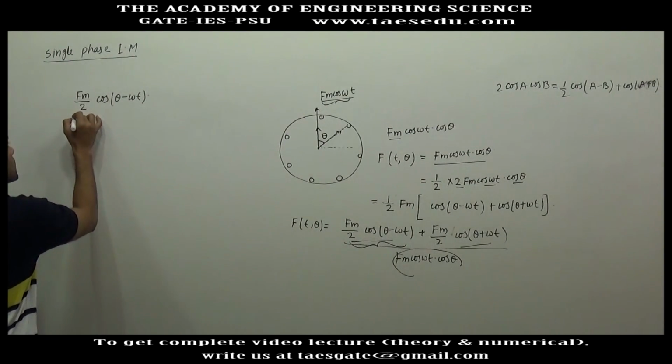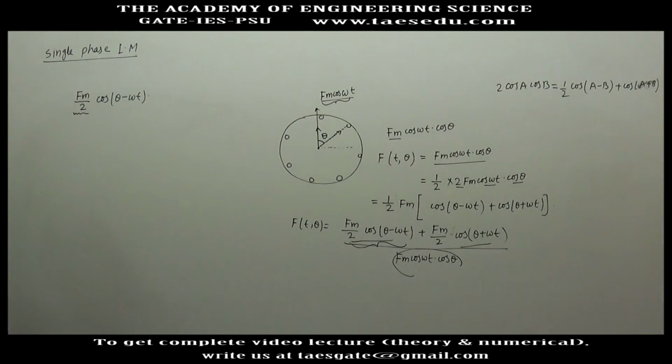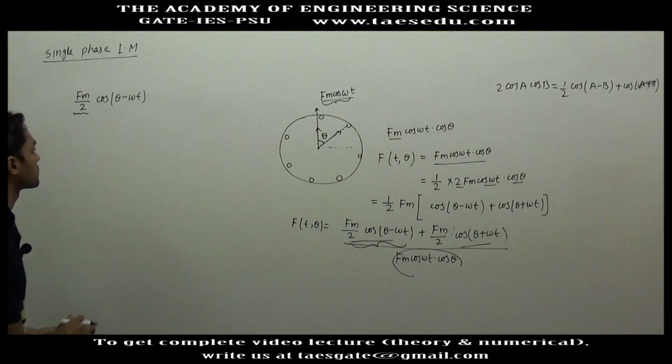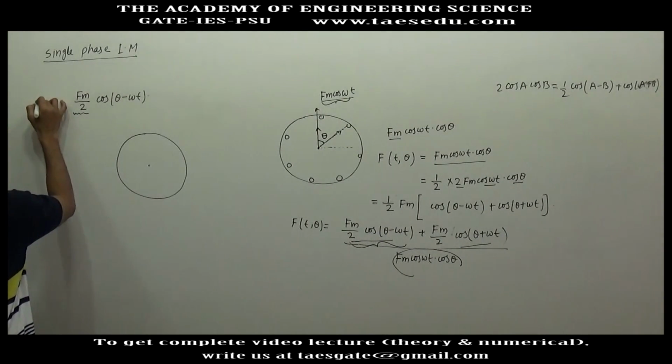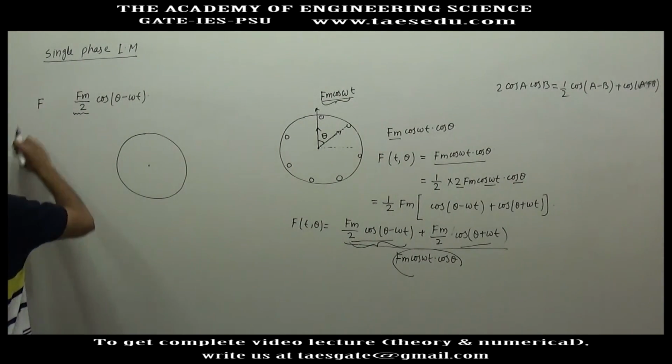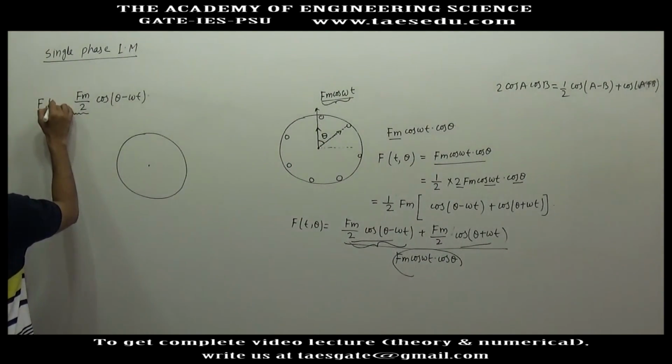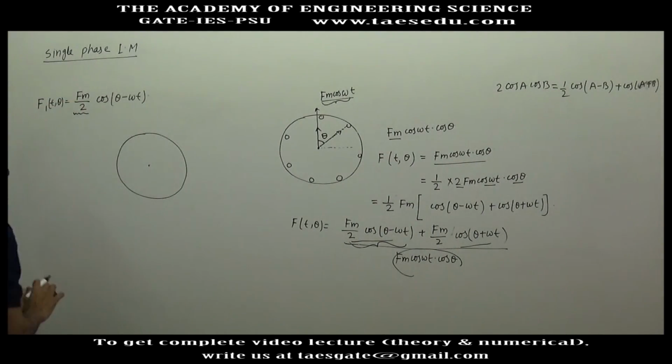In this field, the maximum MMF is Fm by 2, and this is varying with theta and time. This is also called forward field. Why is it called forward field? Let's say this is F1(t, theta).